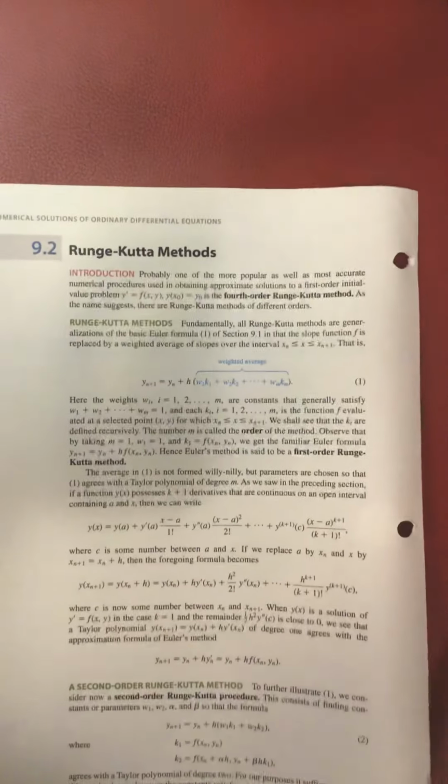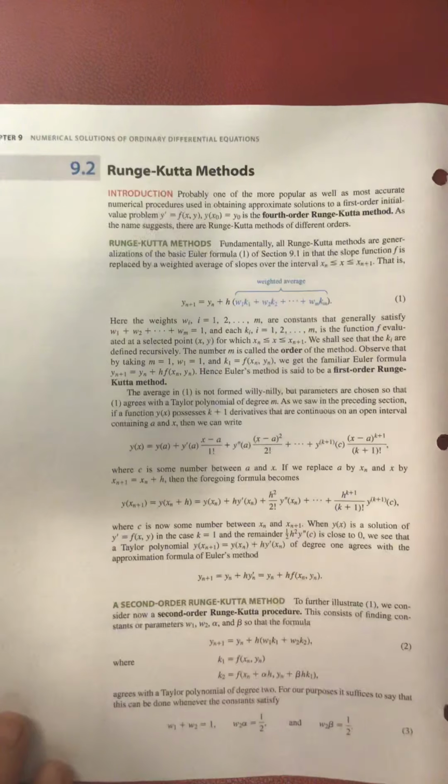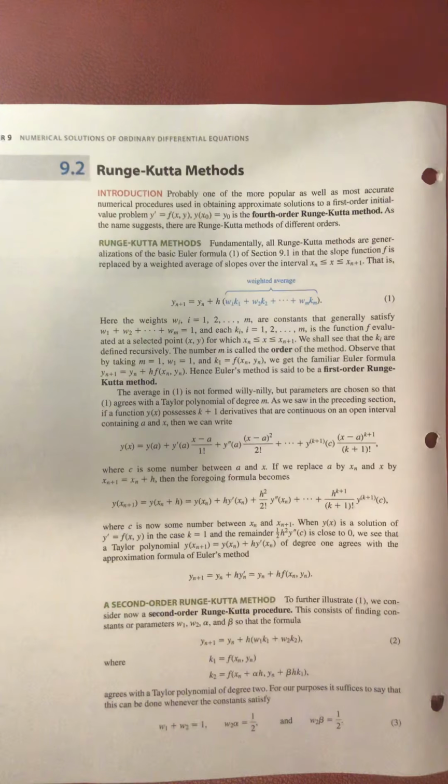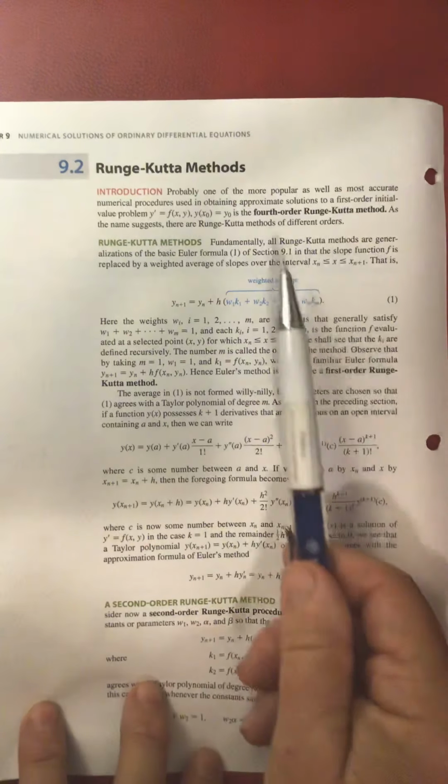Again, neither of them are really the best methods to use, and so I want you to practice a couple of those and do some problems with them. But a better one is called the Runge-Kutta method.